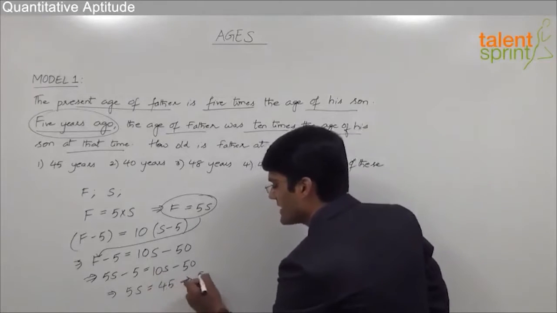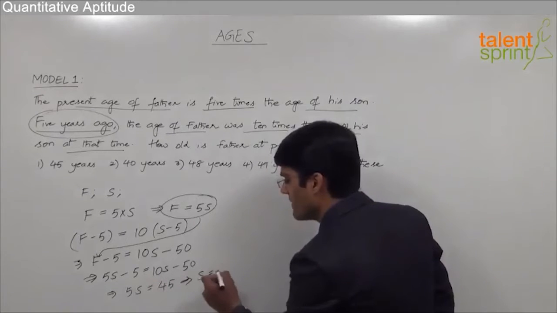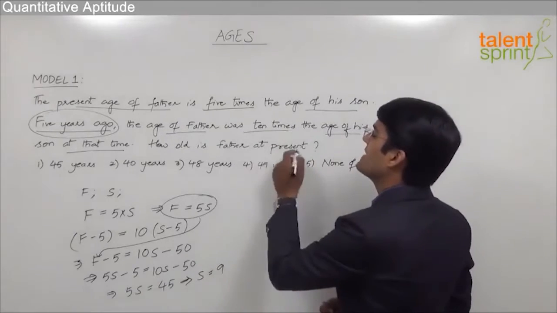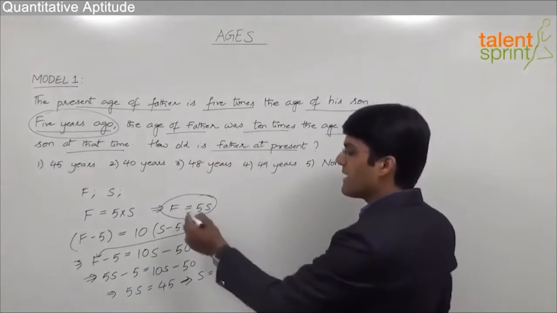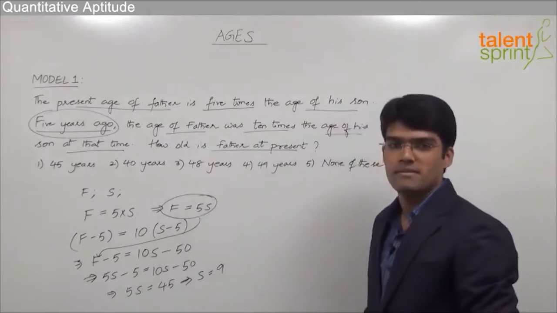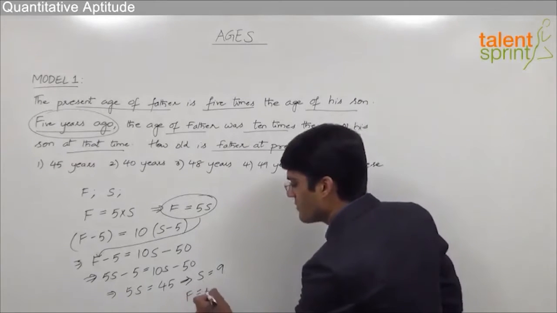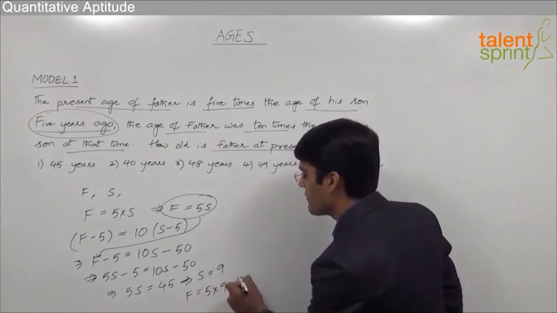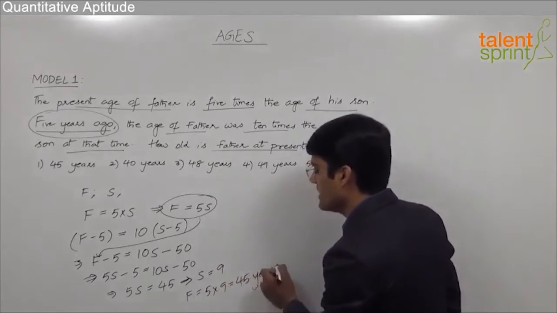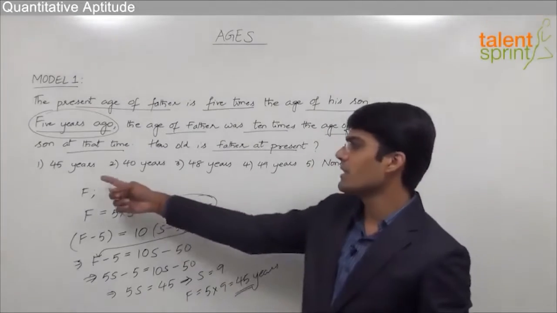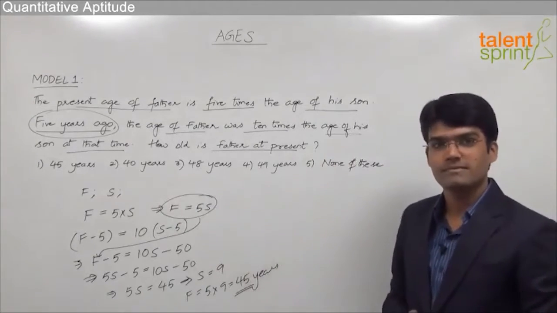So from this, S will be equal to 45 by 5, which is 9. But we are supposed to find out father's age at present. Now we know that father's present age is 5 times the son's present age. So if S is equal to 9, we can say F will be equal to 5 into 9, that is 45 years. So very clearly, the father's present age should be 45 years, which is given in option number 1.